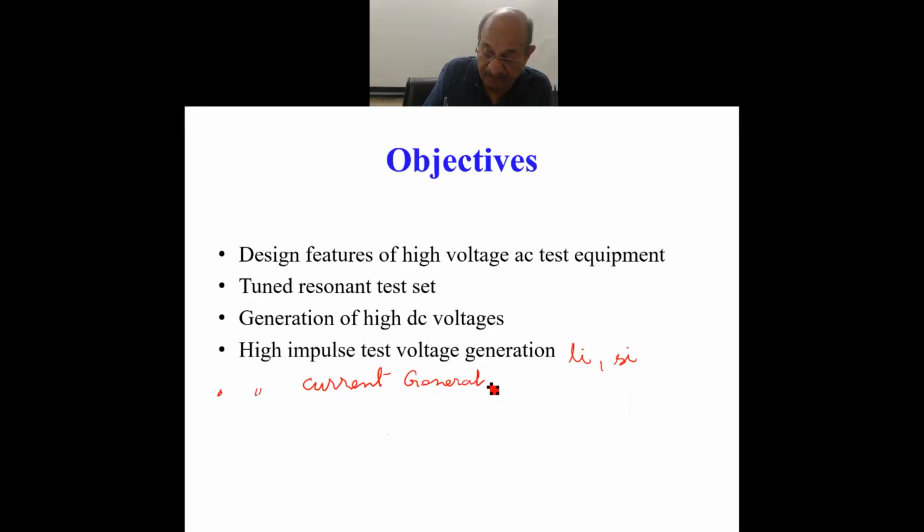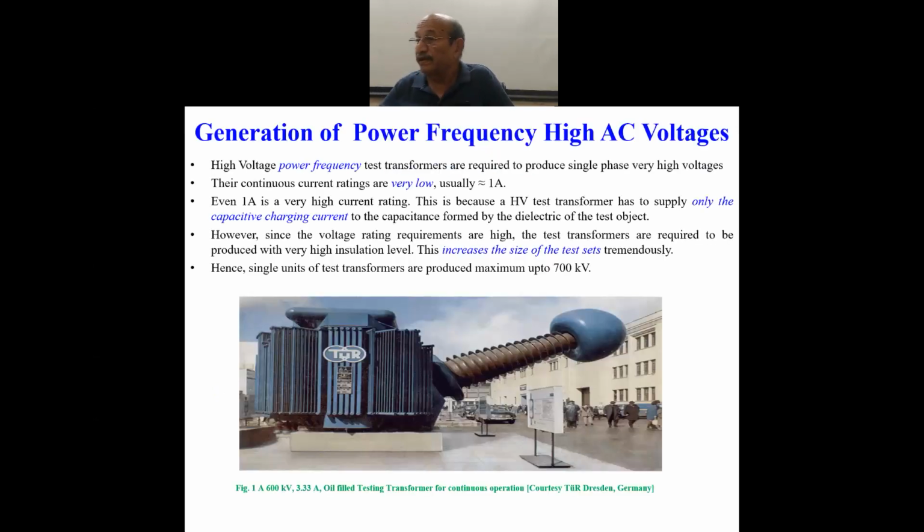Although this is not high voltage, we need to generate high current for testing some equipment like circuit breakers. Or if you want to make a short circuit test for a transformer, you need a high current generator. We'll be talking about that also.